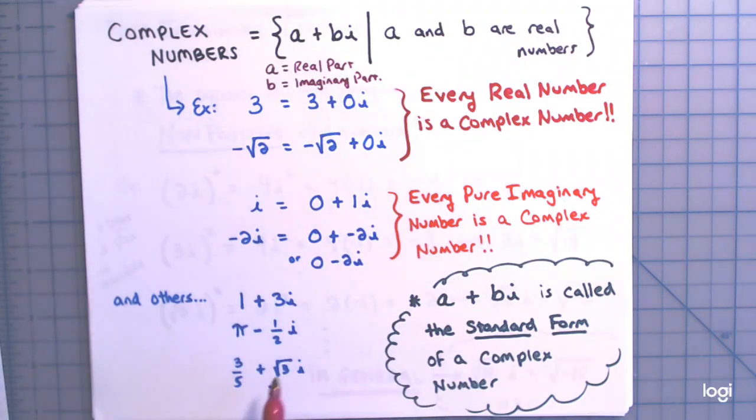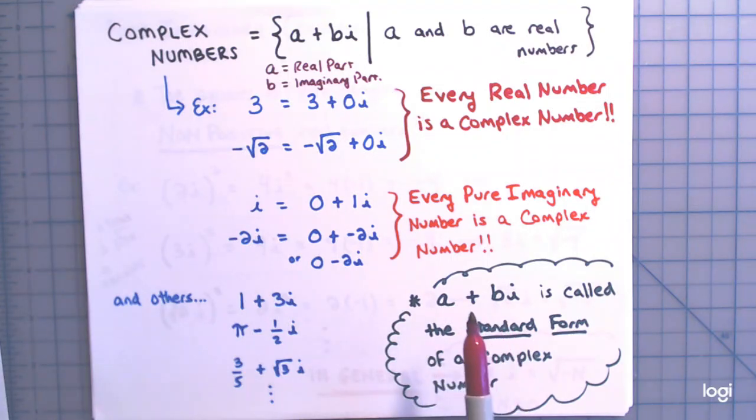It is complex. And I could, again, make up examples all day long. But there's loads of them out there, right? Infinitely many examples of complex numbers. Everything you can think of right now in this intermediate algebra, up to pre-calc, calc 1, calc 2, in this context, everything you can think of right now, every number is complex, can be written in this a plus bi form where a and b are real.